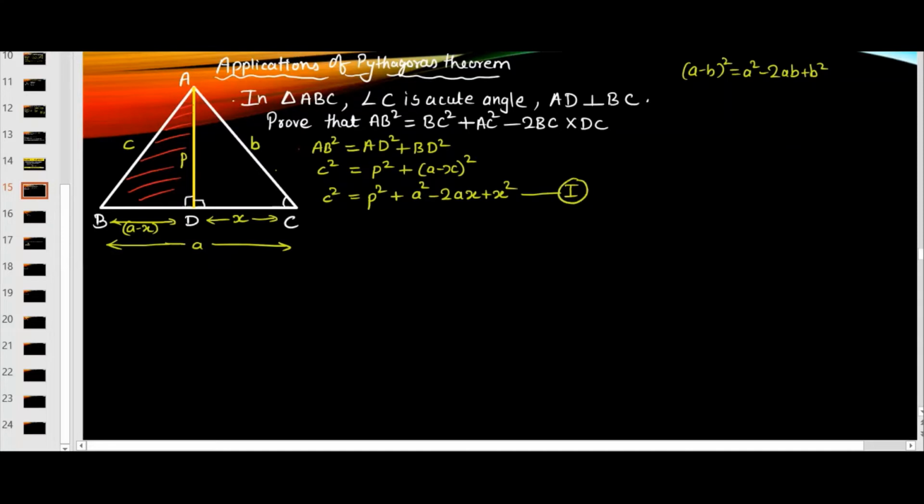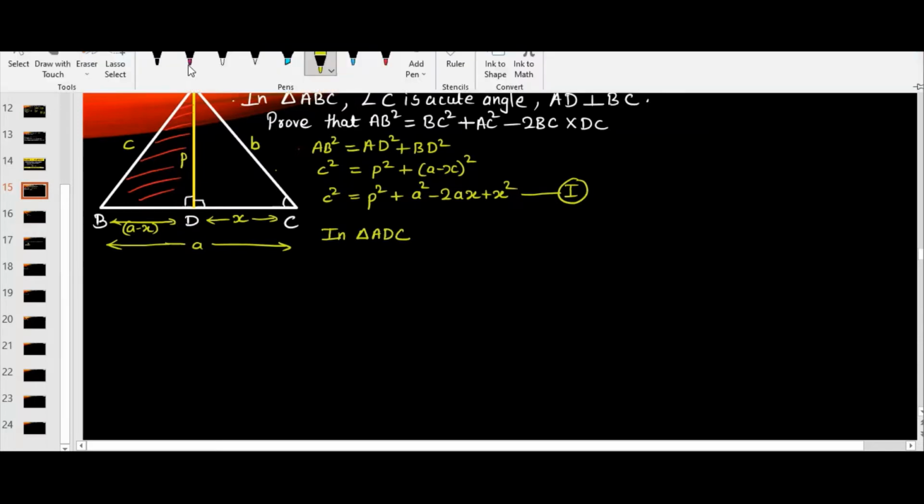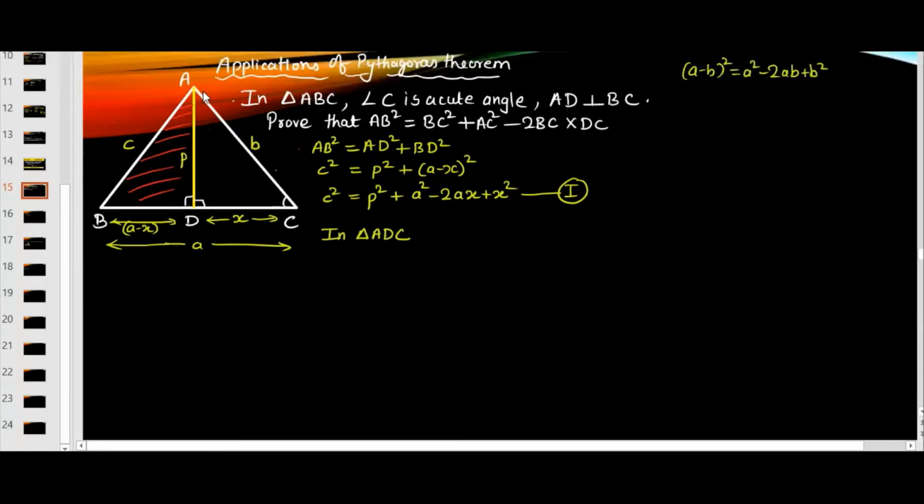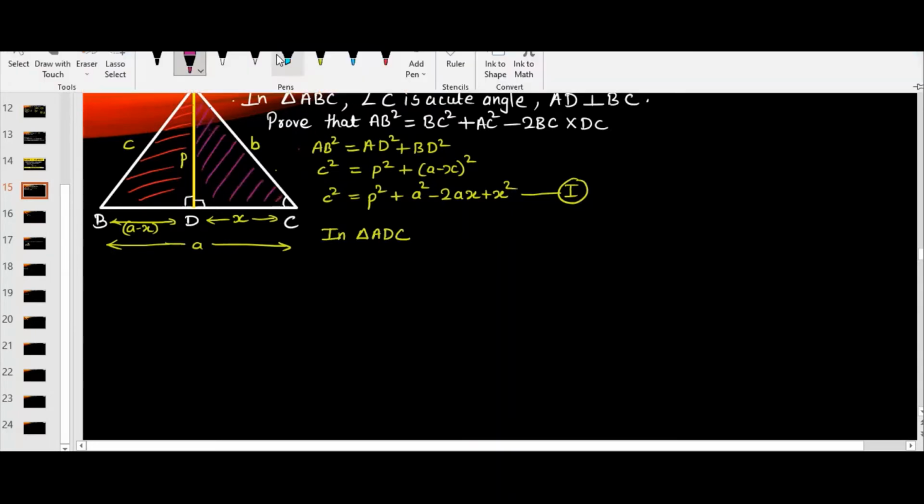Fine. Now let us only concentrate on triangle ABC. In triangle ABC, let me just shade that. We are talking about this. In triangle ABC, again we are going to apply Pythagoras theorem.